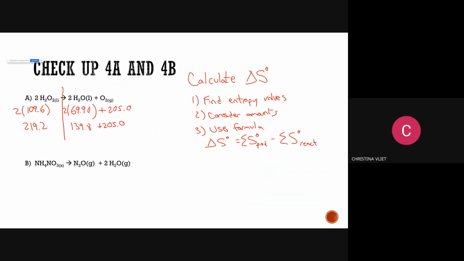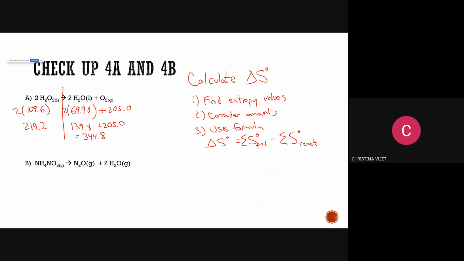So how do I plug this in the formula now? I've got my entropy values. I've considered my amounts. I need to use my formula. What should I do? It's the reactants from the products. So first you should combine your products together because it's the sum of your products. So the sum of my products is 344.8.